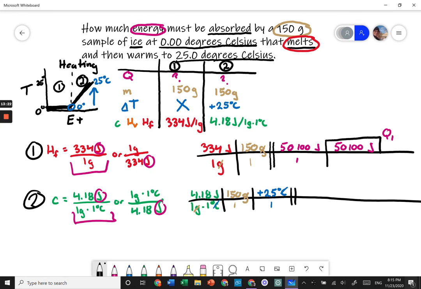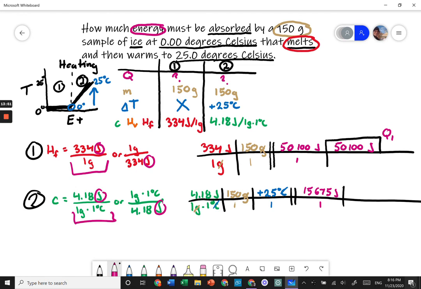So I'm going to put my 2 bars to say I'm ready to multiply across. I'm going to multiply the top. 4.18 times 150 times positive 25. What that's going to do is give me 15,675 joules of energy up on top, and then multiply across the bottom. 1 times 1 times 1 times 1. 1 goes on the bottom, and there won't be any units there.